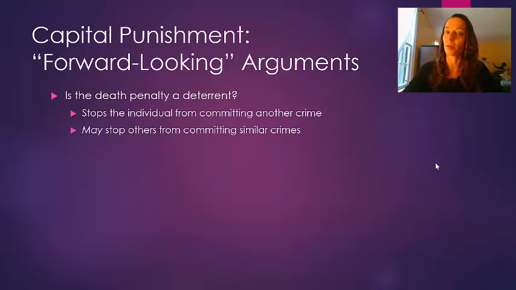We just don't know. We have no idea of knowing whether there are lots of people who would commit crimes if we didn't have the death penalty compared to the number of people who commit those types of crimes now. There's just no way to get accurate data on that. If you ask people, would you murder someone if you knew you would get away with it, most people aren't going to give you an accurate answer. So the best we can do there is to compare the murder rates state by state between states that do and don't have the death penalty.